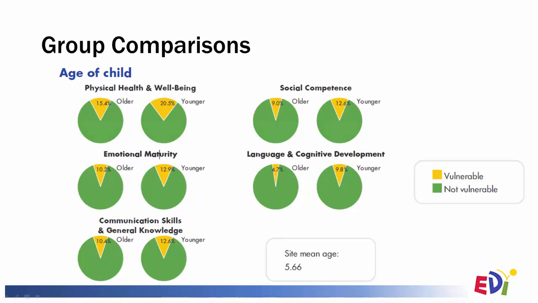We see a similar trend for older versus younger children. Older children are defined as those above the mean age, and younger children are defined as those below the mean age. In Waterloo Region, our mean age for Cycle 5 was 5.66 years. These graphs show that more younger children are vulnerable than older children in each domain.